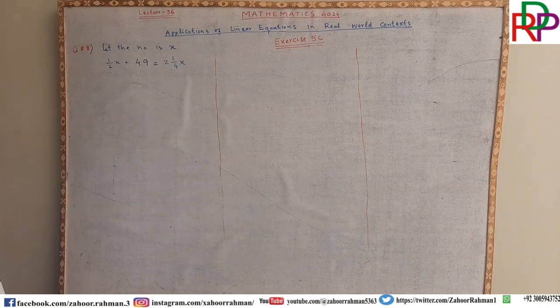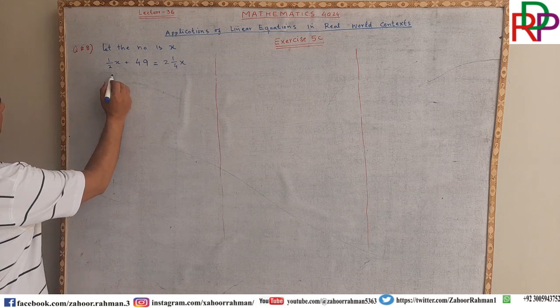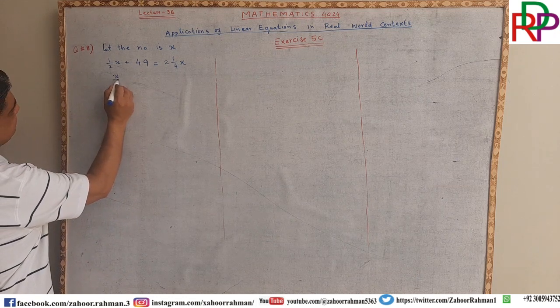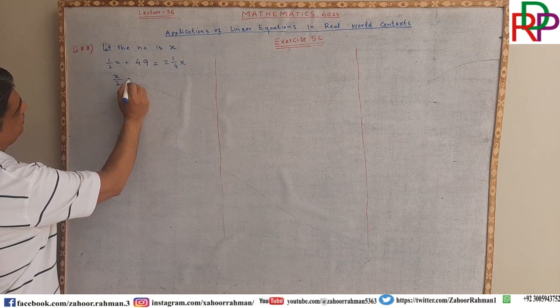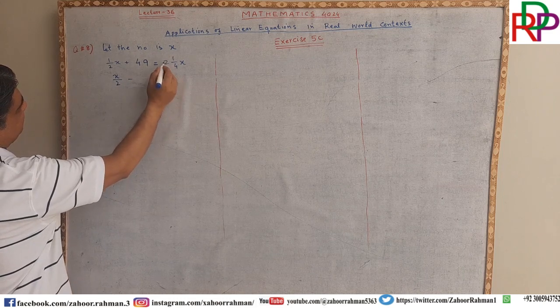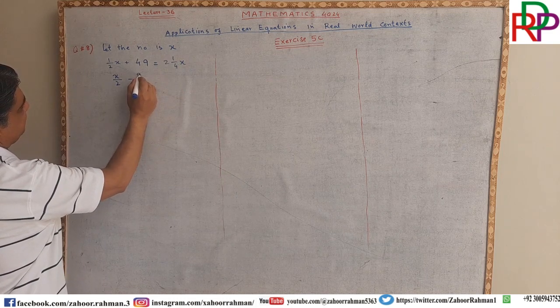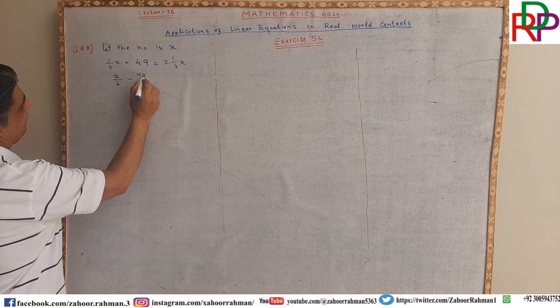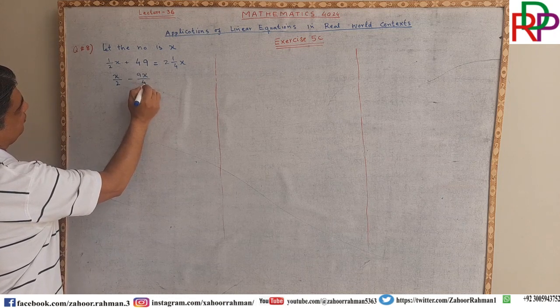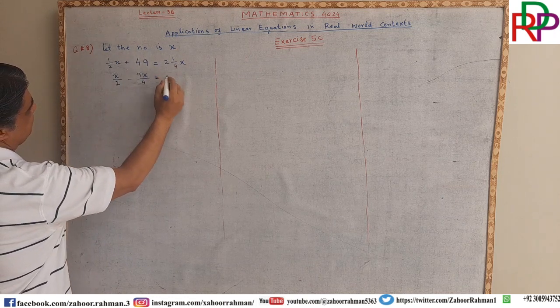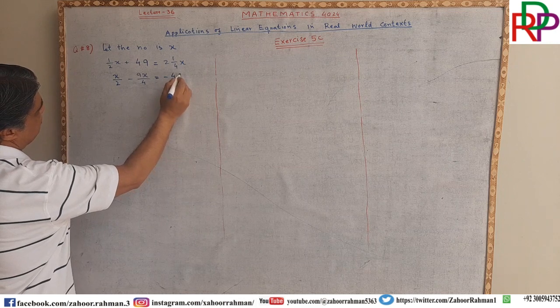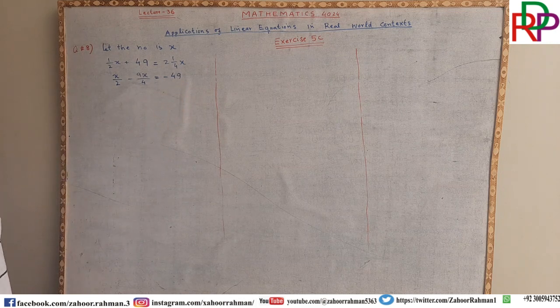We consider that as x, so we can write x divided by 2 minus 49 divided by 4, 9x divided by 4, and we are shifting this 49 to the other side.